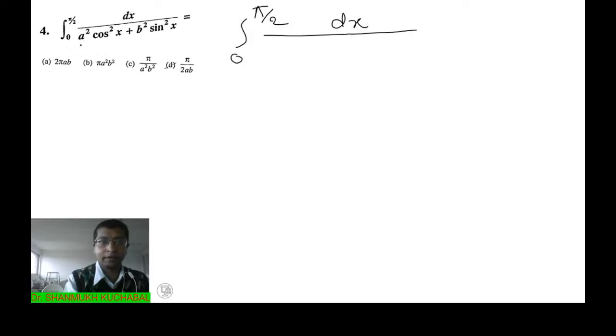So further we'll move to our next example. It is the integral from 0 to pi by 2 of dx divided by a square cos square x plus b square sin square x. It is a standard function. So once again we write the integral from 0 to pi by 2 of dx divided by a square cos square x plus b square sin square x.